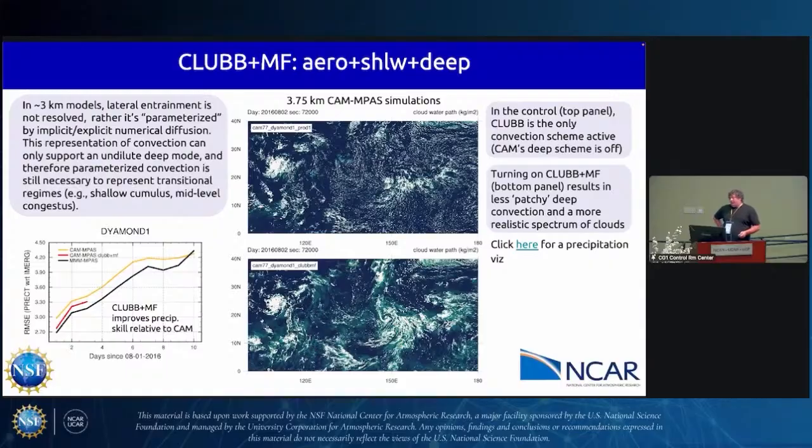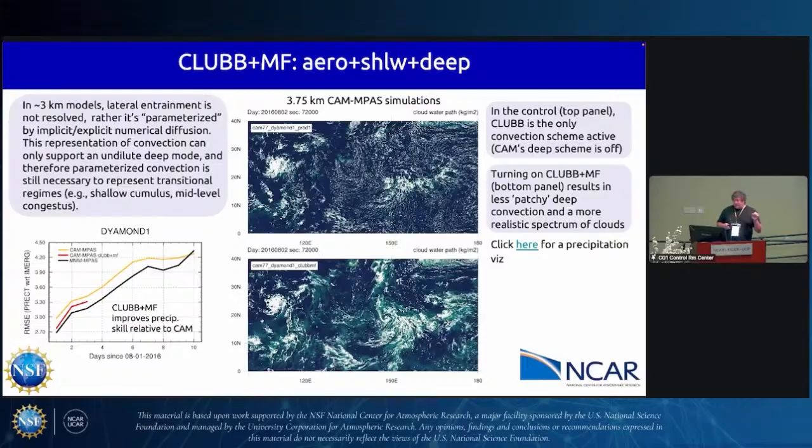And so what I think is going on here, and I certainly didn't come up with this myself, is that these 3 kilometer models can support these 10 kilometer wide updrafts. However, the entrainment rate responsible for mixing that updraft with the environment comes from order 100 meter eddies. So they're not resolved, and they still need to be parameterized, and they're not really explicitly parameterized in these models, except that the dycore has scale selective numerical filters.